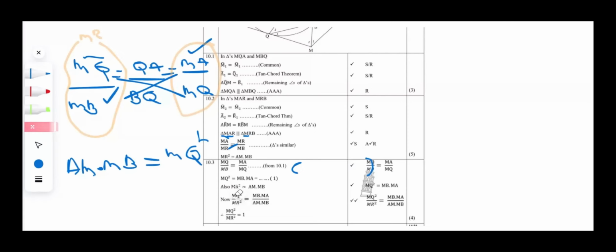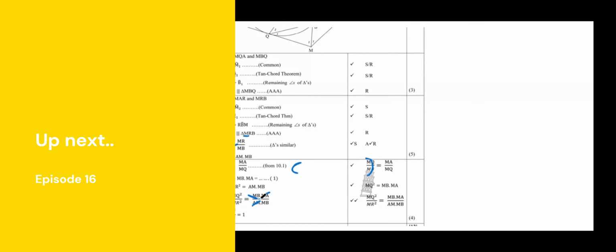So when we divide these two, MQ squared's value is MB multiplied by MA, divided by MR squared, which equals AM multiplied by MB. Now we can see that a few line segments cancel out because they're identical. When everything cancels out, we're left with a value of 1. And so that means MQ squared over MR squared equals 1, and that's exactly how we achieved our answer and proved this equation with sufficient information.